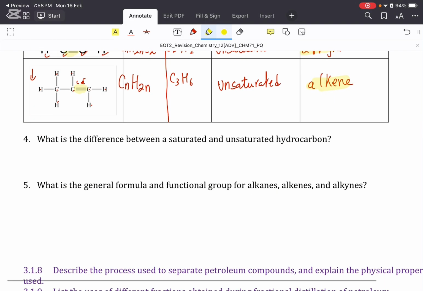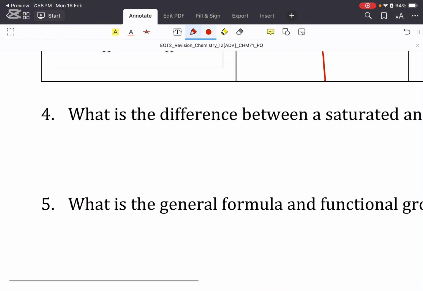So again here, as I mentioned, what's the difference between a saturated and an unsaturated hydrocarbon?